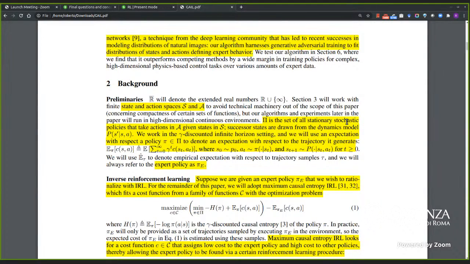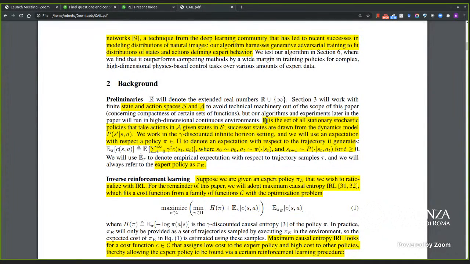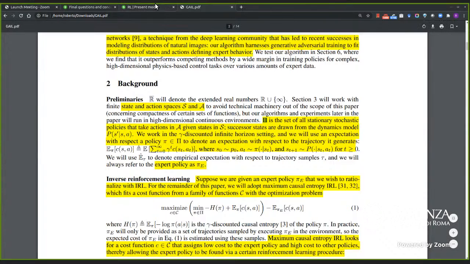So we are restricting ourselves to the setting of stochastic policies. So again, this is just the characterization of the policies that we're considering: stationary, stochastic policies, and of course they have to operate in these state and action spaces S and A in order to be valid for our analysis.